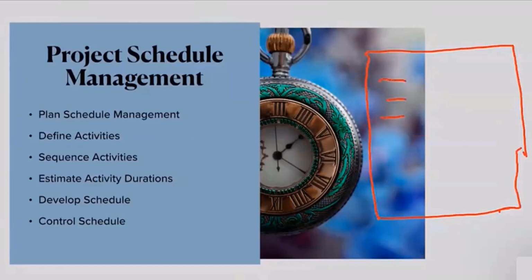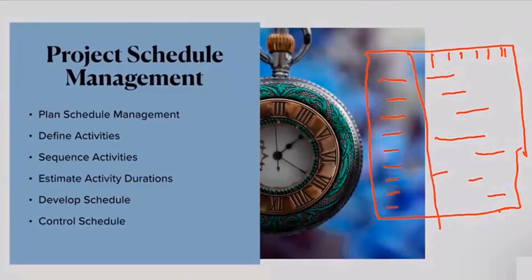On the left, we have the list of activities, and in the vertical columns, you have all the months. For each activity, we have the timelines decided. Whoever has worked on at least one project might easily relate to this chart. On the left column we have all the activities listed, and in all other columns we have the timeline. This is called the bar chart.